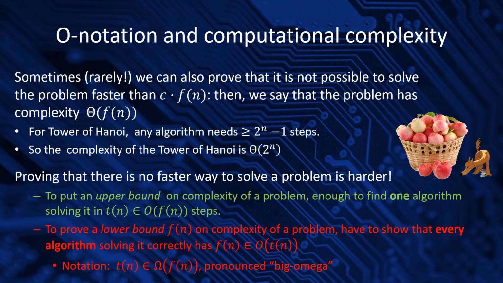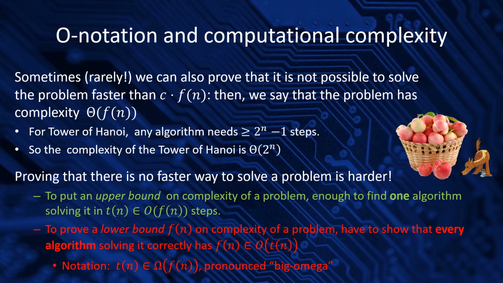And sometimes, that doesn't happen that often, but sometimes we could also prove that some function f is the best we can do. If we know that the complexity of solving a problem is in big O of some function f, and we cannot do any better, then we could say that the problem has complexity big theta of f, and then we pinpointed the complexity of a problem.